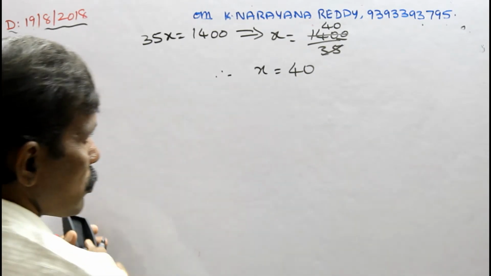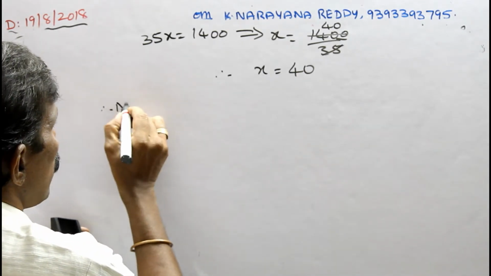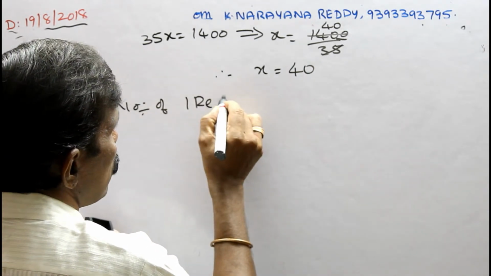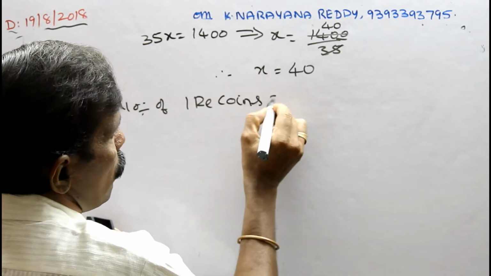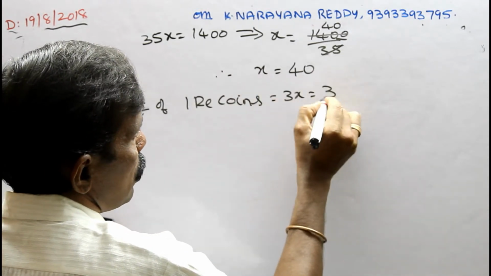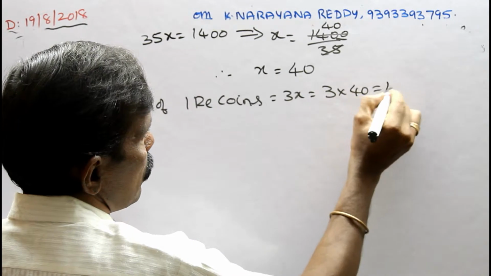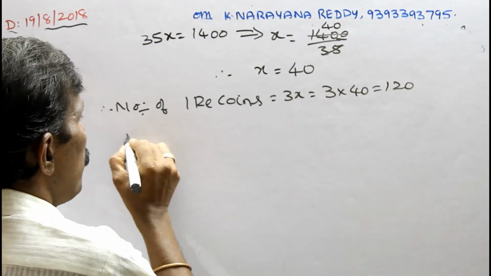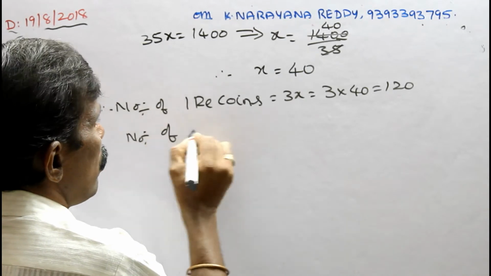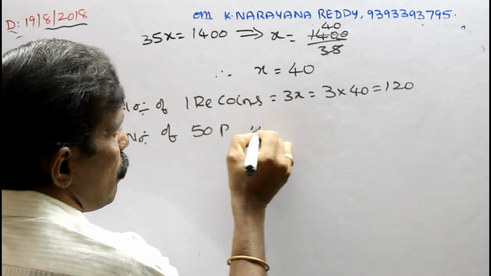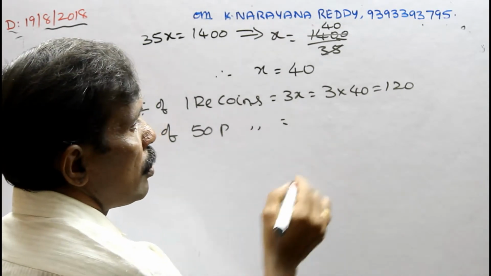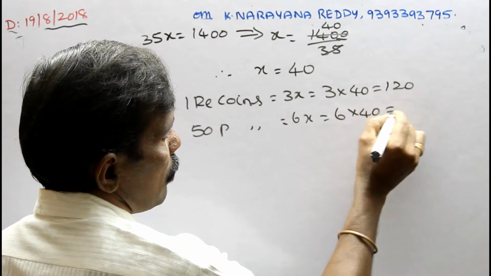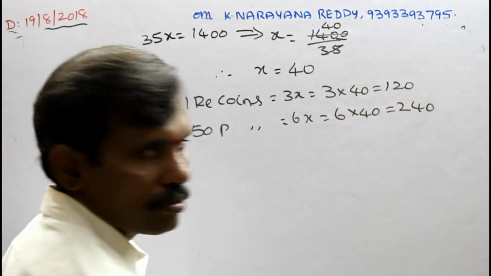So therefore the number of 1 rupee coins equals 3x equals 3 into 40, which is nothing but 120 coins. Number of 50 paise coins equals 6x, 6 into 40, that means 240 coins.